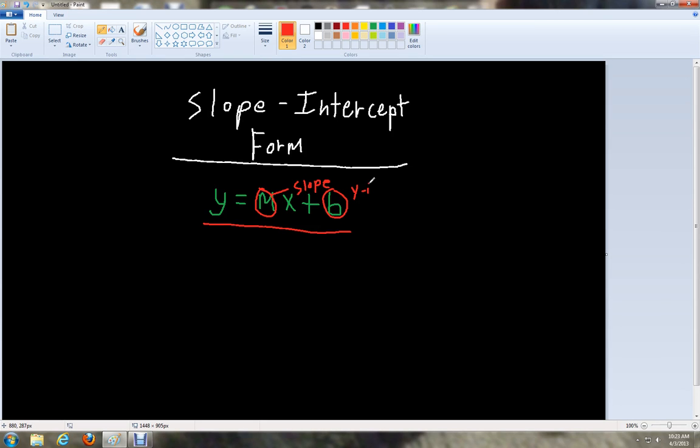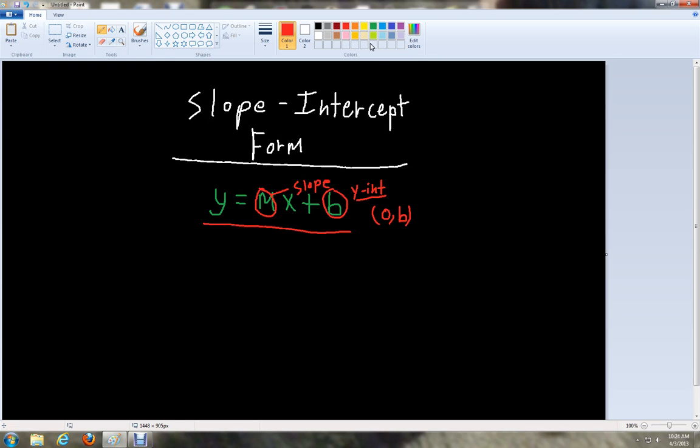And then our b is called our y-intercept. The y-intercept of a line is the point where the graph crosses the y-axis. So we would call that point (0, b).